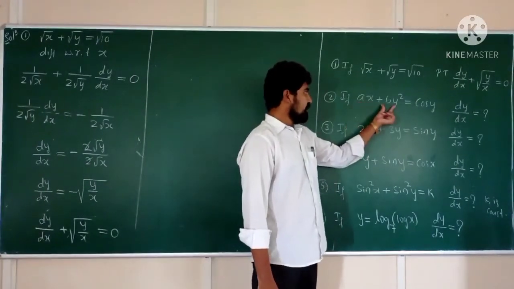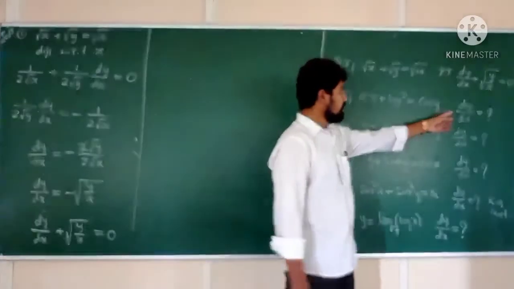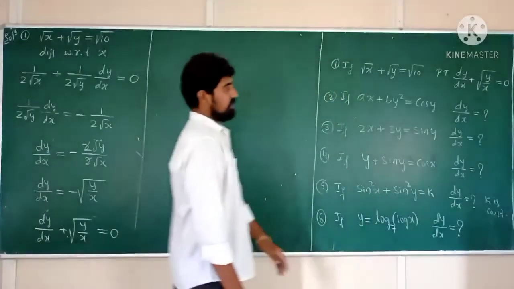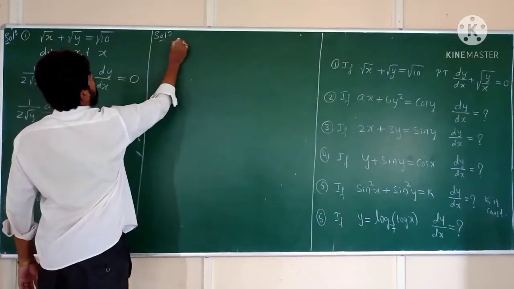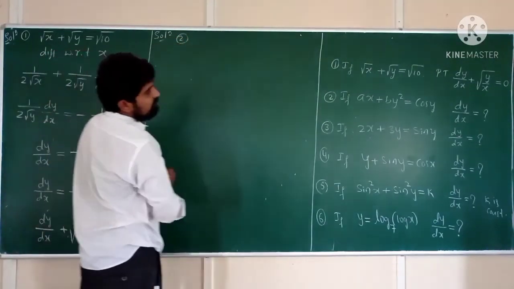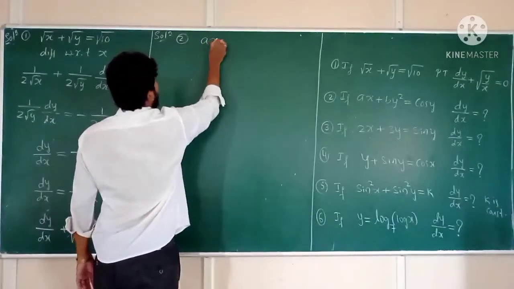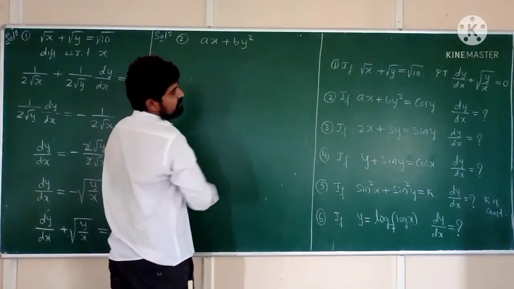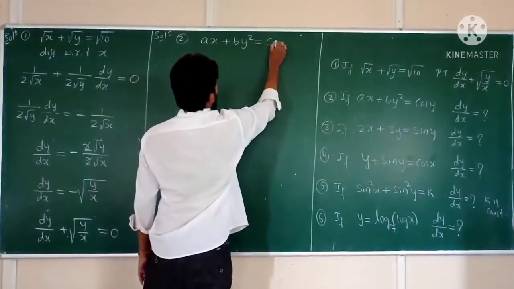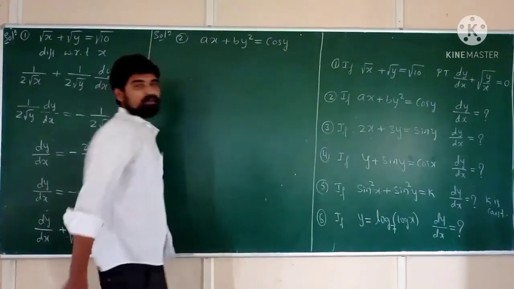If a x plus b y square is equal to cos y, then find the value of dy by dx. Here it is given that ax plus by square is equal to cos y, and we need to find dy by dx.